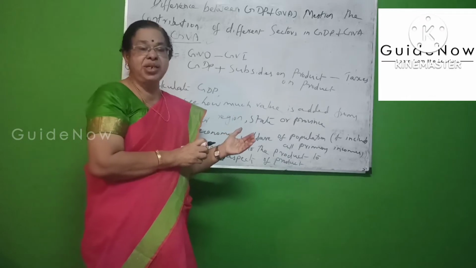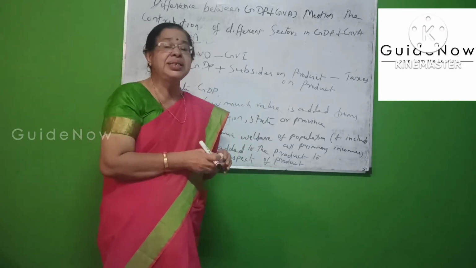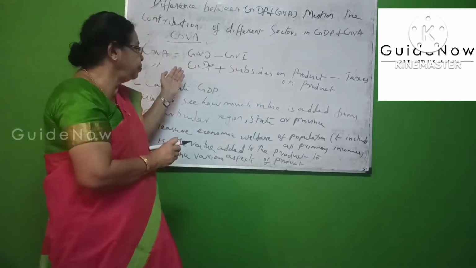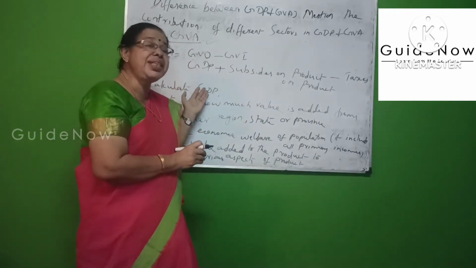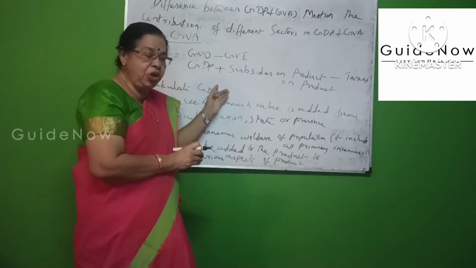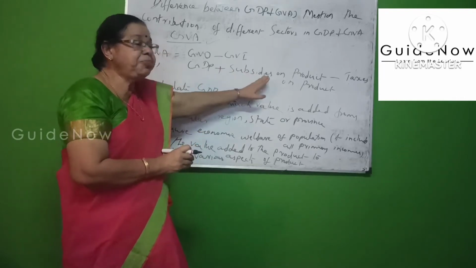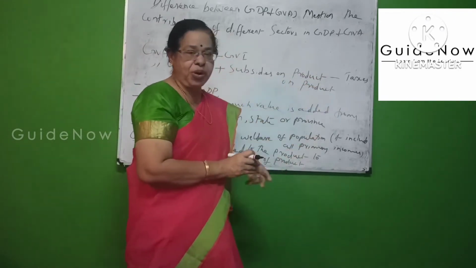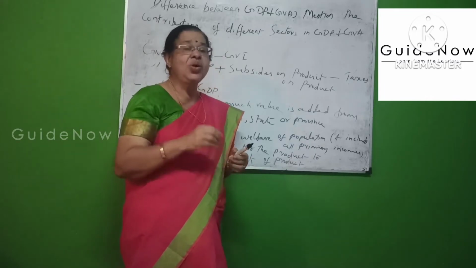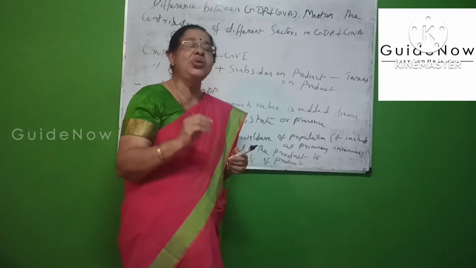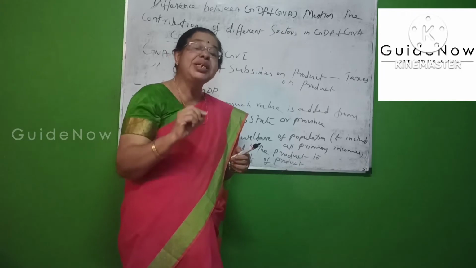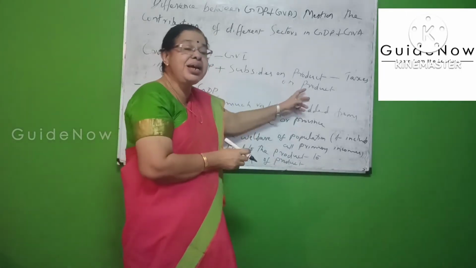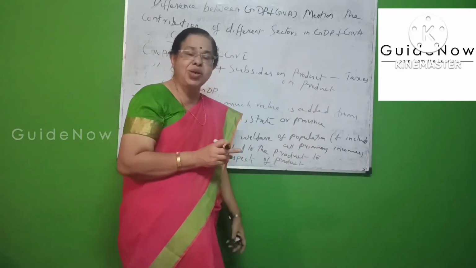So GVA is equal to GVO minus GVI. There is one more equation also: GVA is equal to GDP, gross domestic product, plus subsidies on product minus taxes on product. That is, GDP plus how much subsidy is allotted to the product, minus how much tax is on the product.